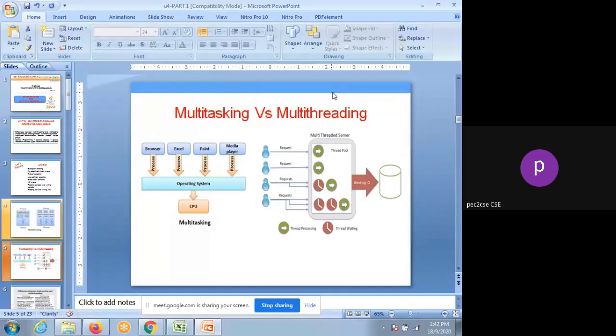Now multi-threading. Multi-threading means, for example, every one of us is using Google Pay. Many of you use Google Pay, Paytm, like that. The application which all of us are using is the same. Let me take Google Pay. If I have downloaded it on my mobile, it is the application only that I have downloaded.